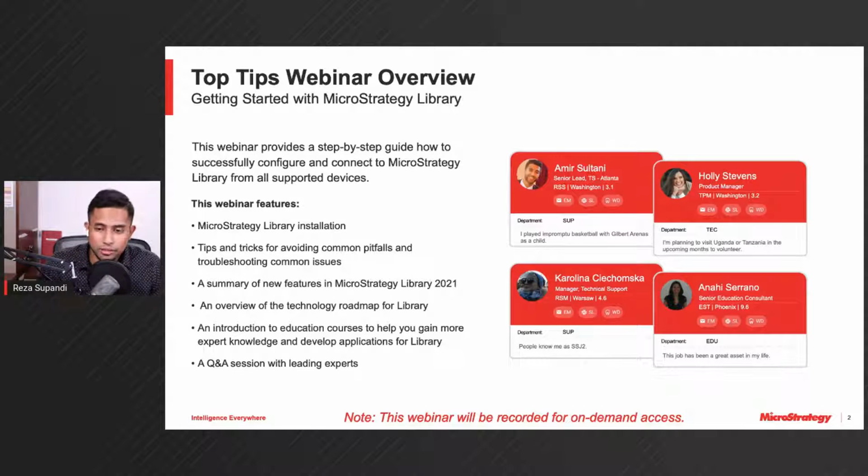She's our product manager from our technology team who will share some key features in the product roadmap, as well as Anahi Serrano, our senior education consultant, to share additional courses to help you learn more about this topic. We also have Carolina, another member of our global support team, behind the scenes reviewing any of the questions posted in the YouTube live chat throughout the presentation so that our experts can answer them for you during our Q&A at the end of the presentation.